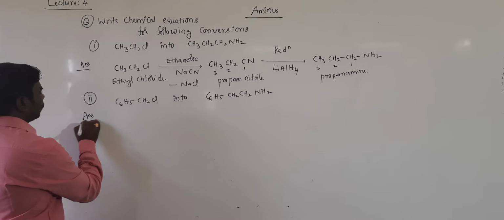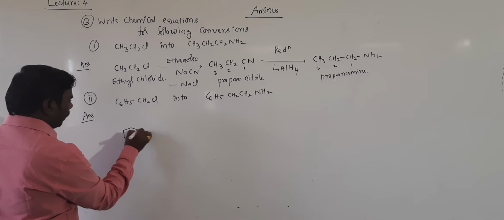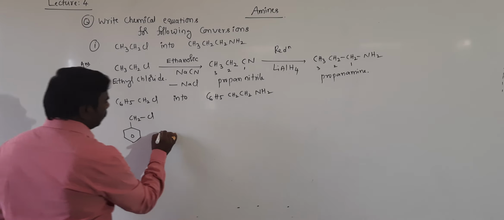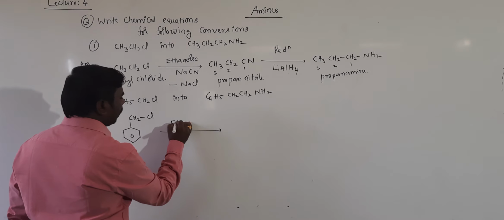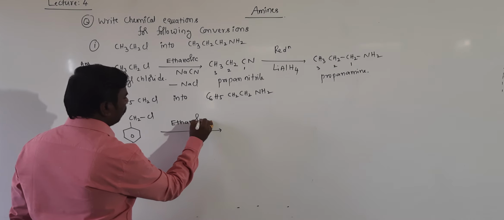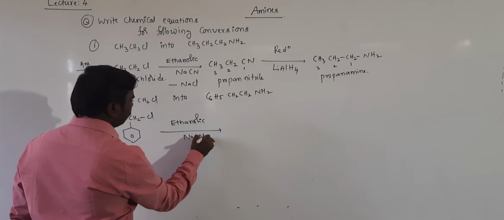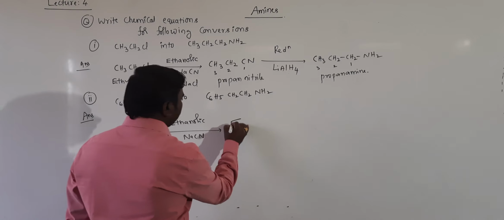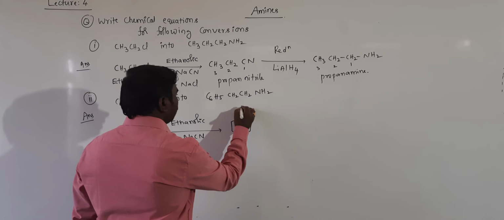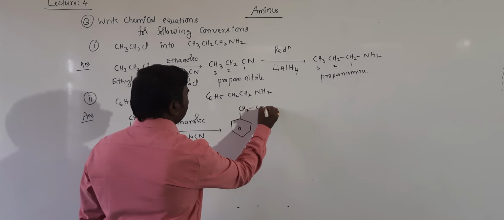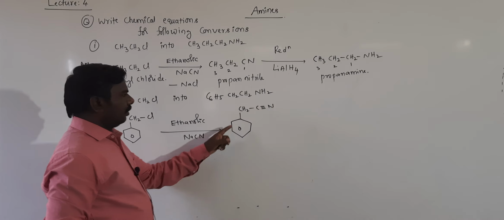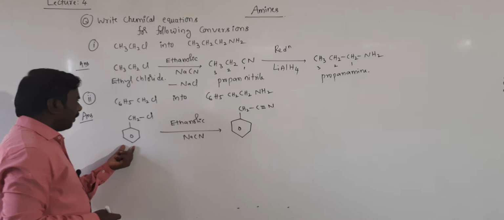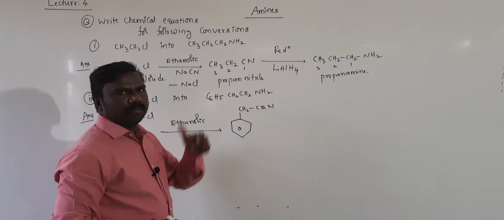Answer for this question. C6H5 means a benzene ring, CH2Cl. This on treatment with ethanolic NaCN, then CN will be substituted in place of chlorine, giving CH2C triple bond N. So 6 carbons plus 1, totally 8 carbons. 7 carbons converted into 8 carbons.